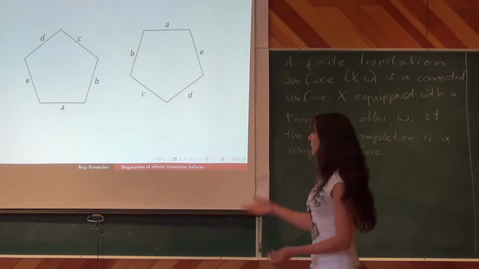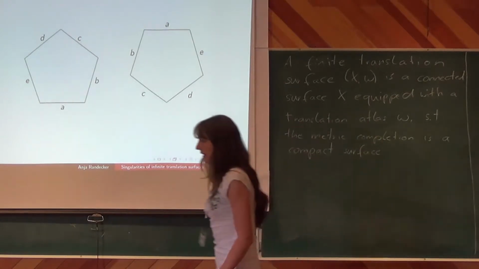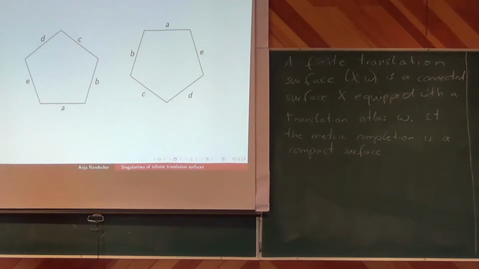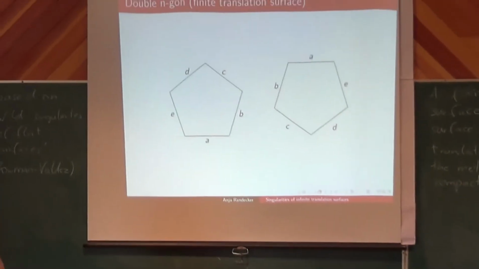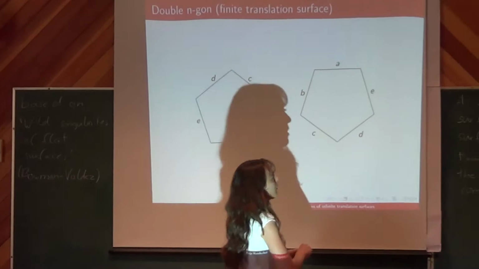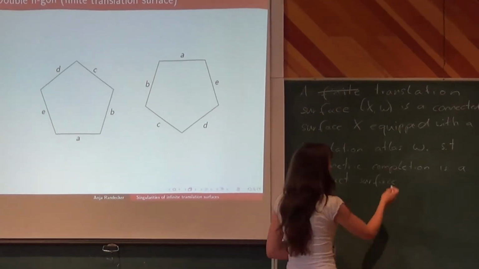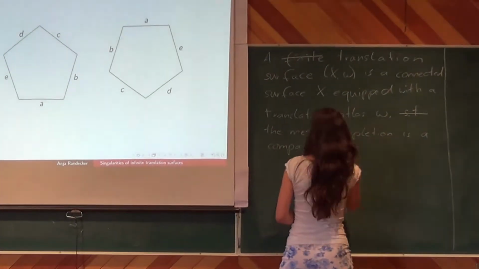So that's what we have here, and most of the things that were done in the last 25 years. But if we want to look at some infinite type things, then I like to drop this finite condition.